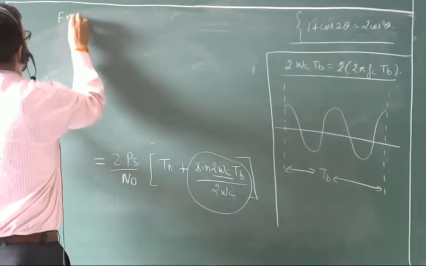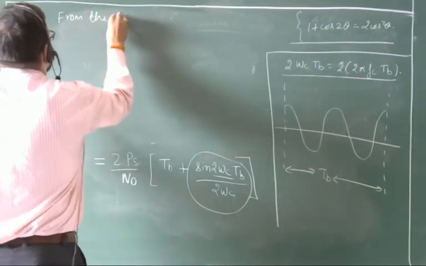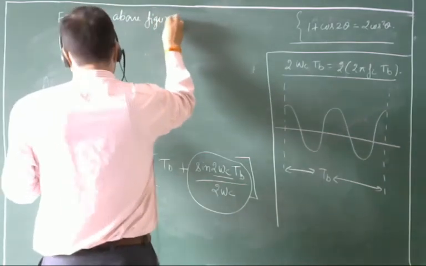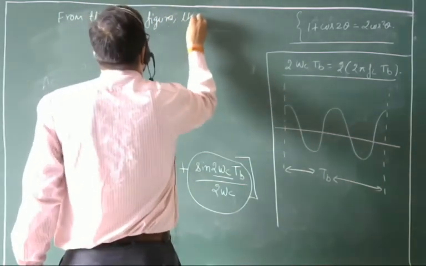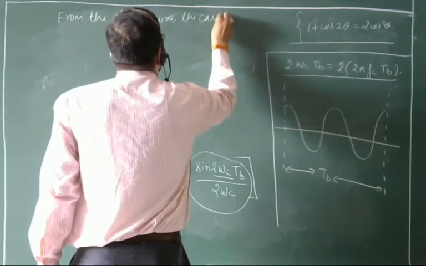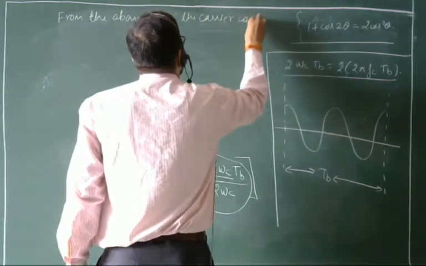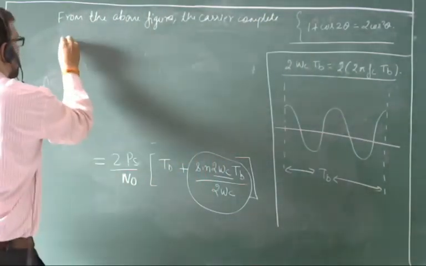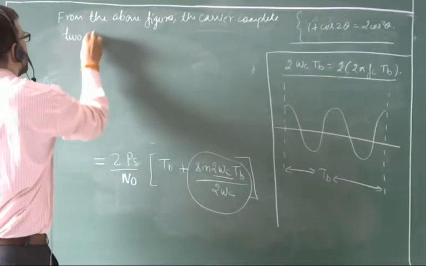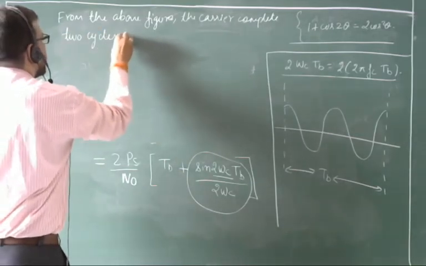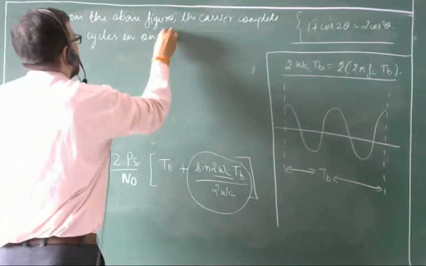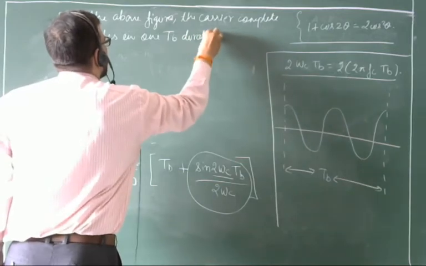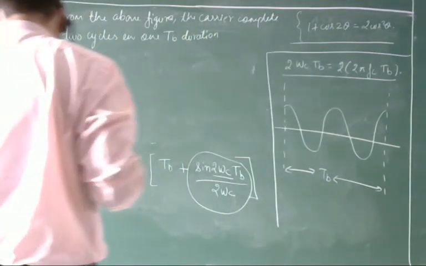Okay, and after that, from the above figure we can see the carrier completes two cycles in one Tb duration.